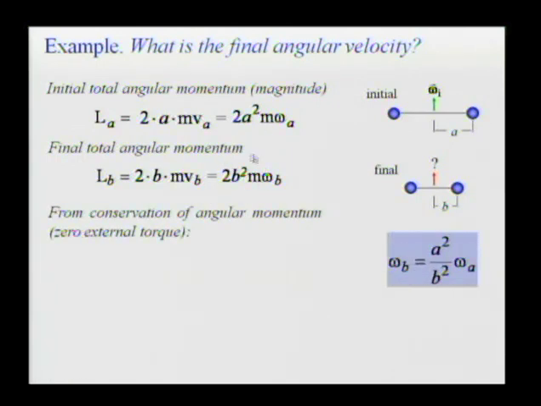If these two expressions are equal, 2 and 2 cancel, m and m cancel, and I have a relationship between the magnitude of angular velocity when objects are closer and when they are further away. For example, if the two objects get closer, does the magnitude of angular velocity increase or decrease? Increases, correct.